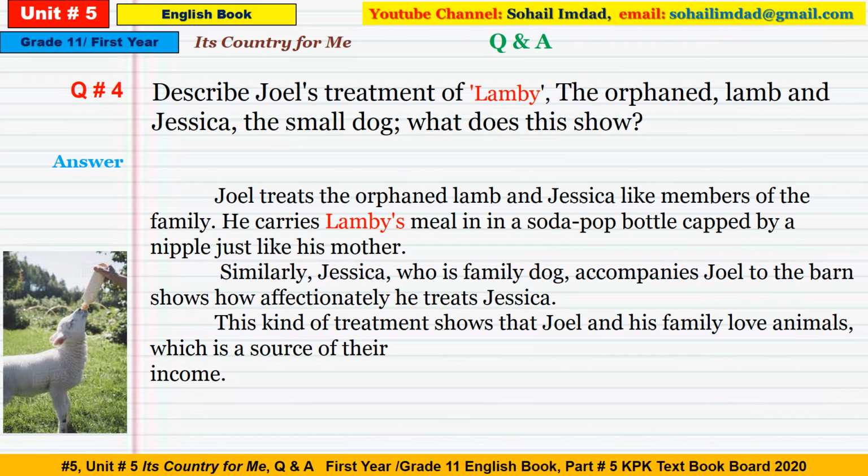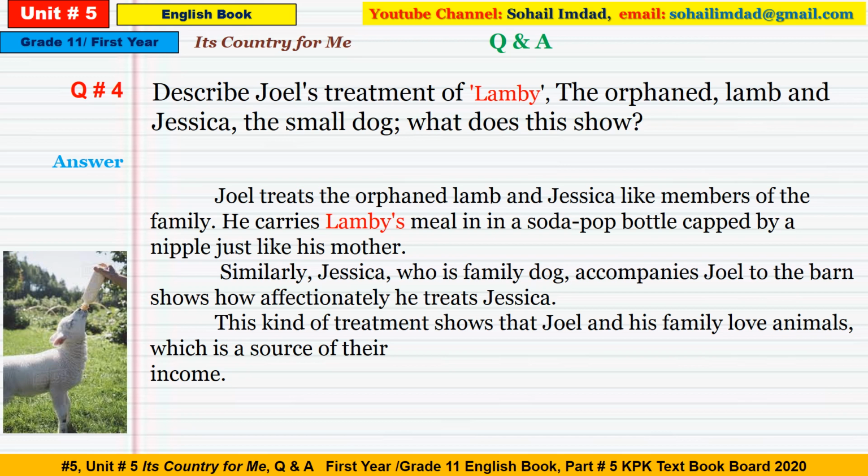Question number 4. Describe Joel's treatment of Lamby, the orphaned lamb, and Jessica, the small dog. What does this show? Answer. Joel treats the orphaned lamb and Jessica like members of the family.